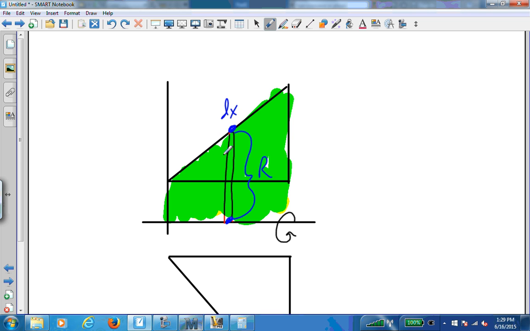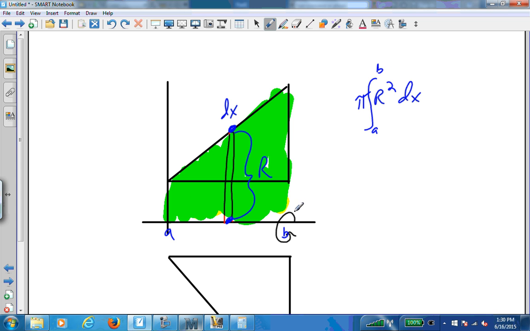So if we were to take all the volume from here going all the way to the center, then when we rotate that sample element, pi r squared times the thickness gives us the volume of one of those disks, and then we integrate that, of course, from A to B.